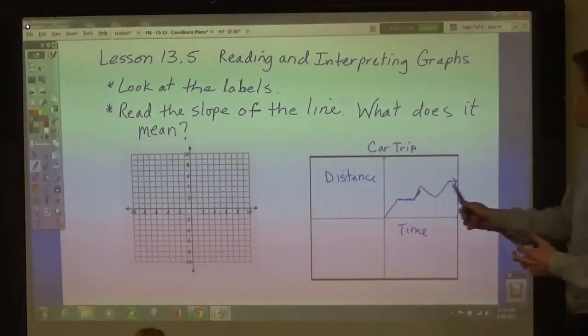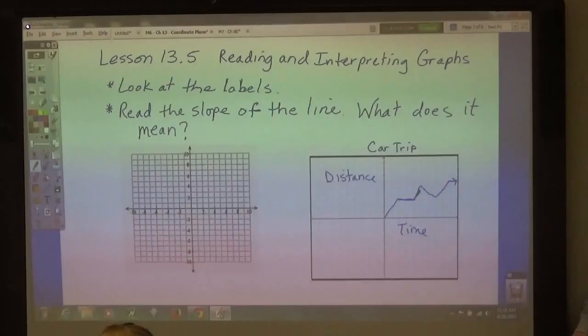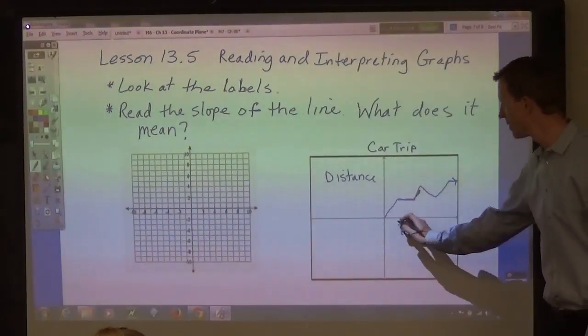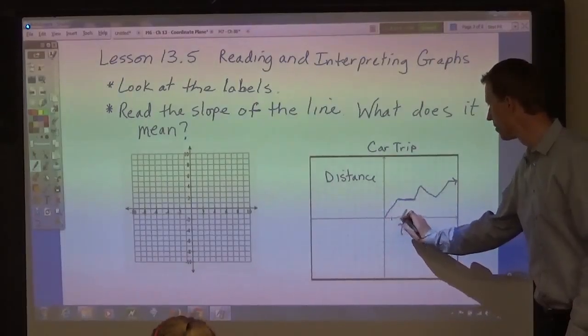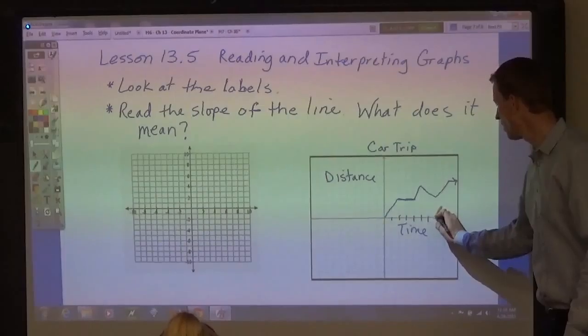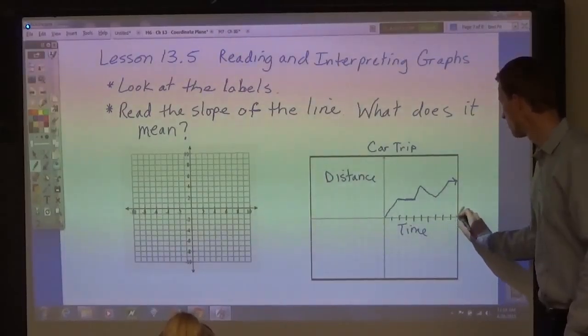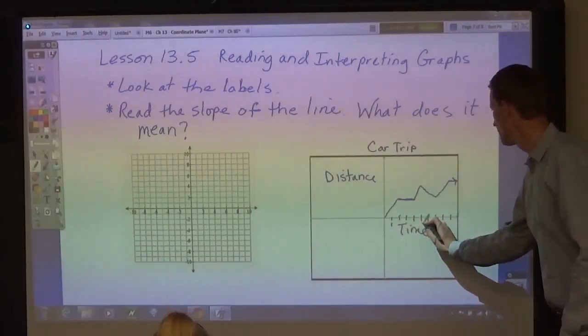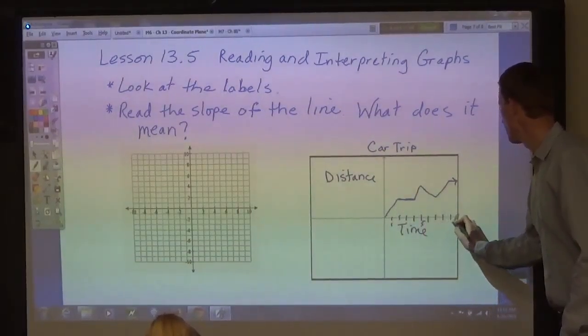So, let's interpret this and read what that means. Since this is time, as time is moving, let's say that this is minutes. So in minutes, this is 1 minute, this is 5 minutes, this is 10 minutes.